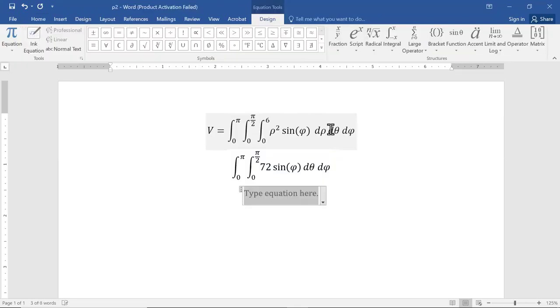When I integrate with respect to theta, 72 sine phi is a constant with respect to theta. So therefore, I can just multiply 72 sine of phi by pi over 2. So I get 36 pi times sine of phi.